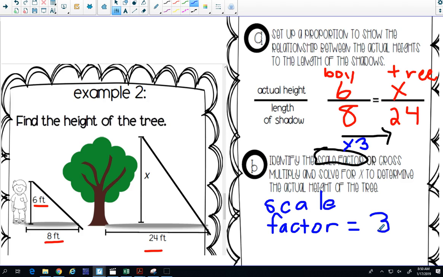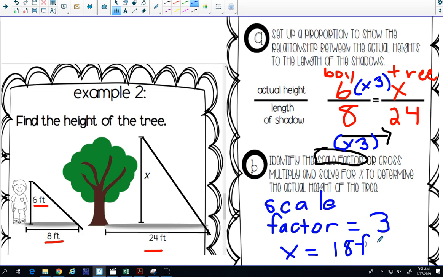The tree's shadow is 3 times the length of the boy's shadow. So you can use either cross products, or you could also use scale factor to figure out your missing value for x. So how tall is the tree? 18. See what I did up here? Instead of doing cross products, I used the scale factor, which is your horizontal relationship, to determine that x, which is the tree's height, is equal to 18 feet.